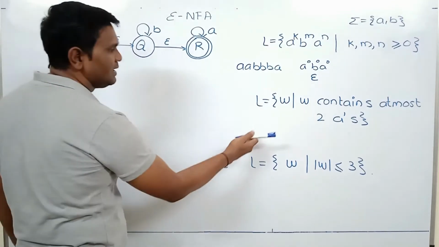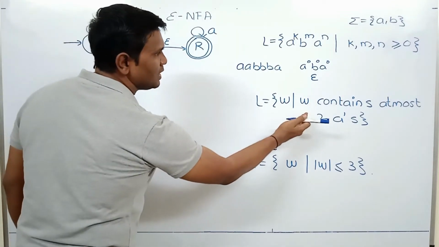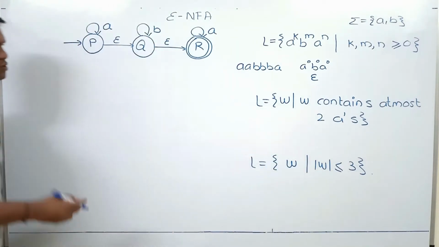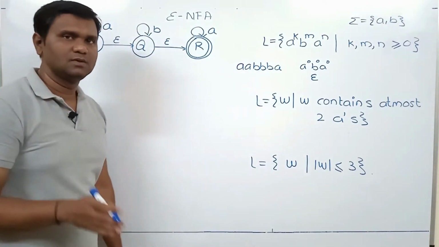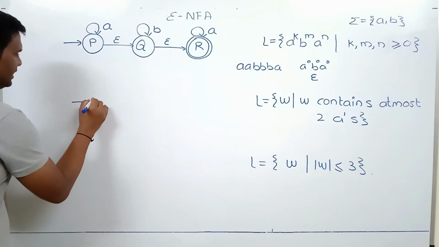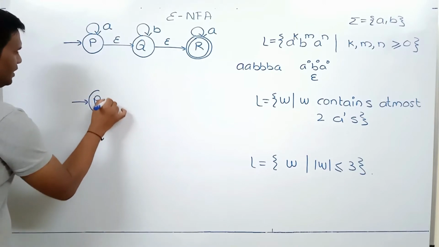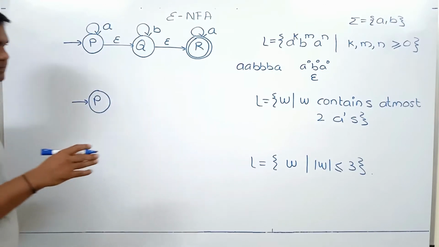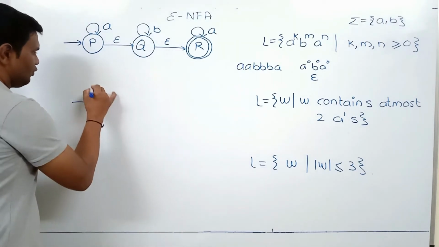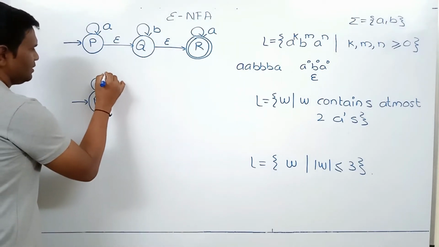Consider the next language. Language L is w such that w contains at most two a's. So the string should contain at most 2 a's, not more than 2. Consider initial state P. Now we do not have any constraint on how many b's there should be. So we have to add a loop for b.